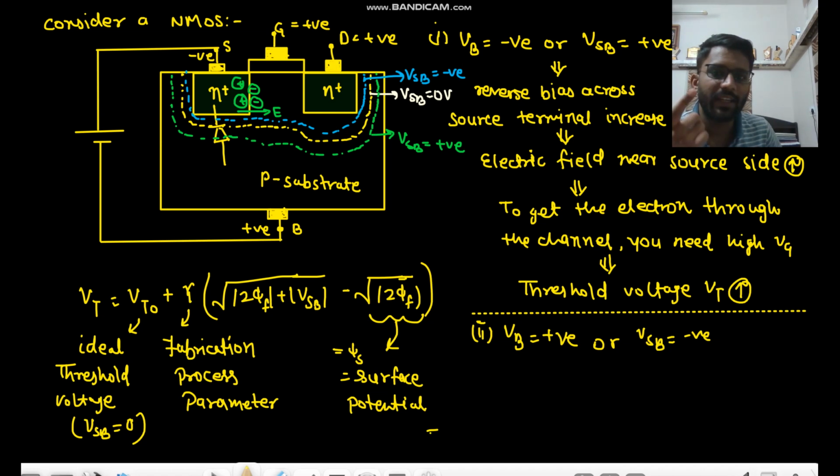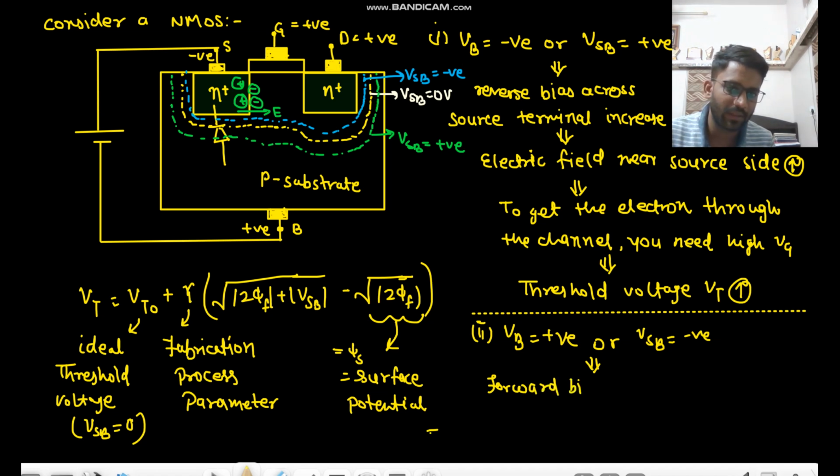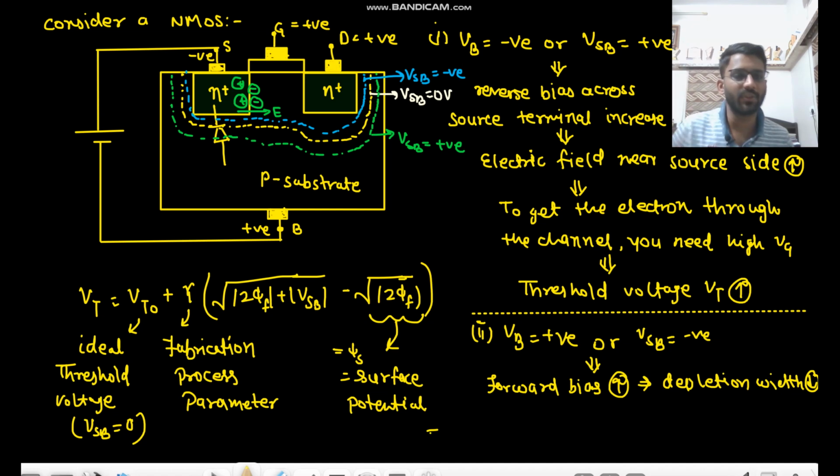So what we see here is that the forward bias increases and the depletion width goes low.